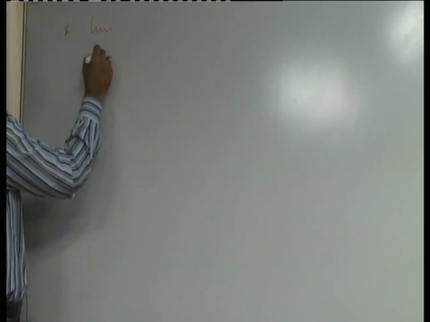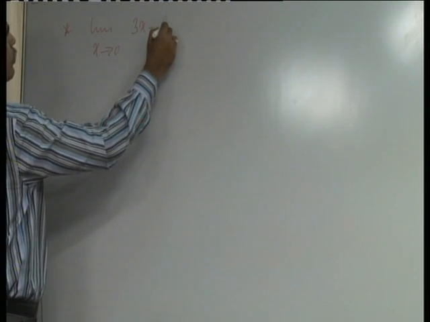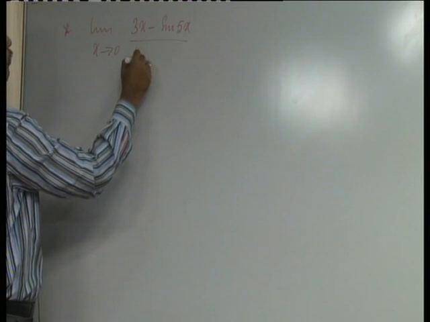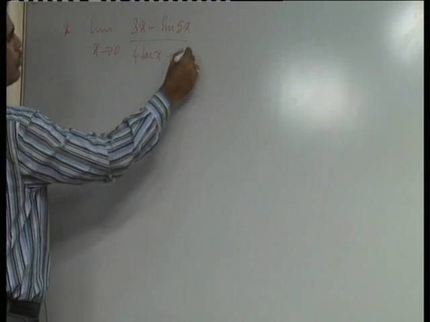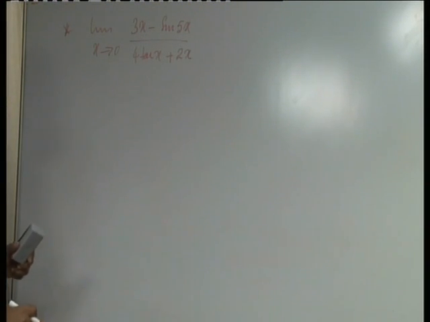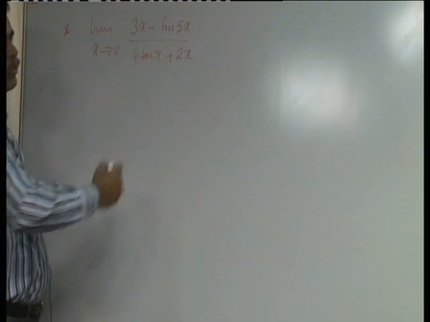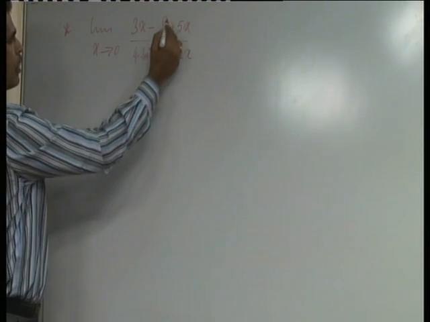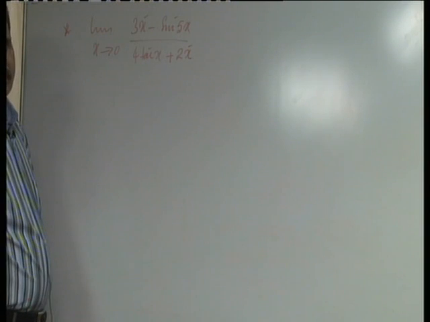Limit x tends to 0, 3x minus sin 5x whole divided by 4 tan x plus 2x. The problem is in a mixed form, the tan function is there, the sin function is there, algebraic terms are also there.